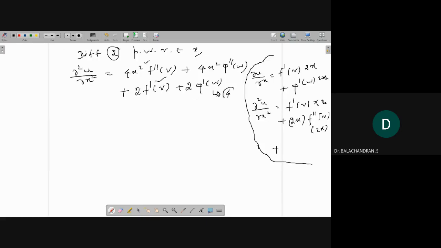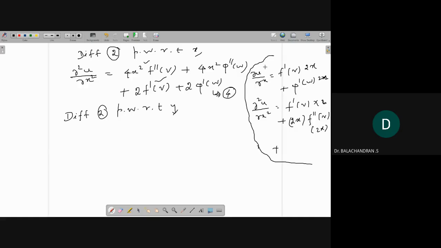Now differentiate equation 2 partially with respect to y. Equation number 2 is the same: dou u by dou x is equal to f dash of v into 2x plus phi dash of w into 2x.